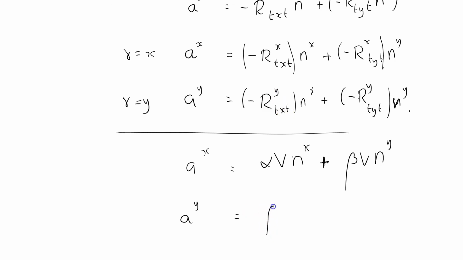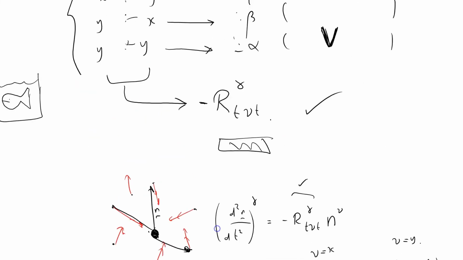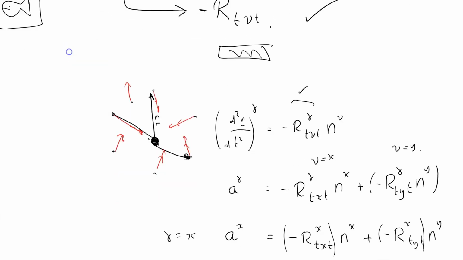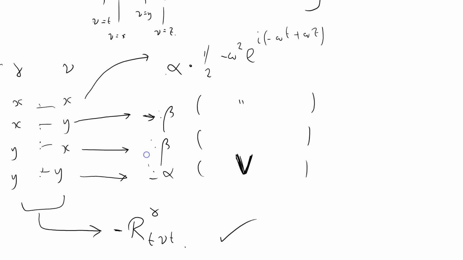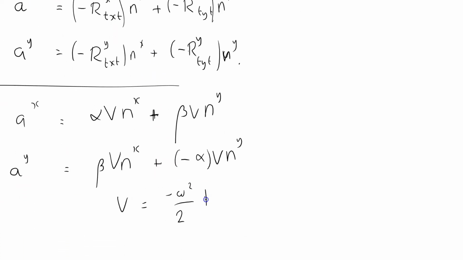So that's a beta v n x, just substituting in this line here, plus, and because of the traceless condition, that's going to be a minus alpha times v times ny, where v was the oscillating component, which was, let me get it right from here, minus omega squared over 2 times the real part of e to the i minus omega t plus omega z, close one bracket. So that's the oscillating component.